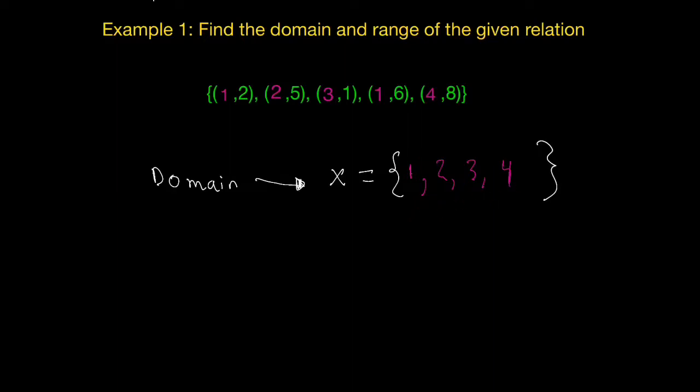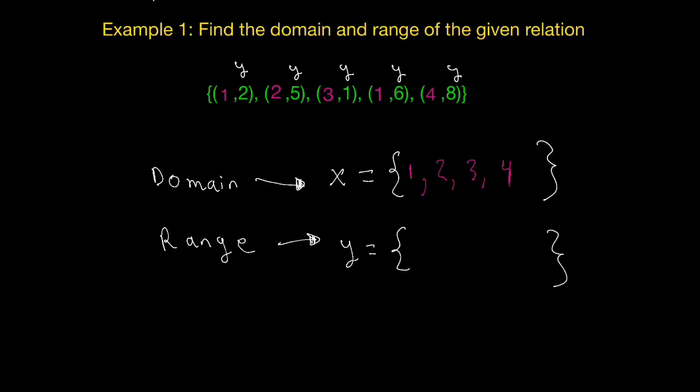Now to get the range, it's very similar. The range is the set of all of my y values. It's easy to identify what the y's are because they're all of the numbers in green here. So we have 2, 5, 1, 6, and 8. The range is going to be y equals the set of all of my green numbers.